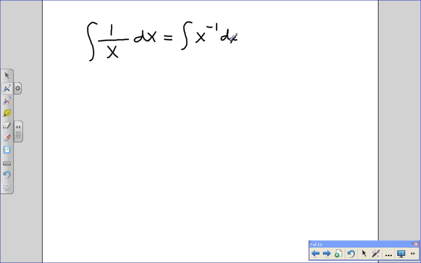And then you would say, oh, well, let me see, I'm going to add 1 to the exponent, and I'm going to divide by that. But the problem is that when you do that, here you're trying to divide by 0.